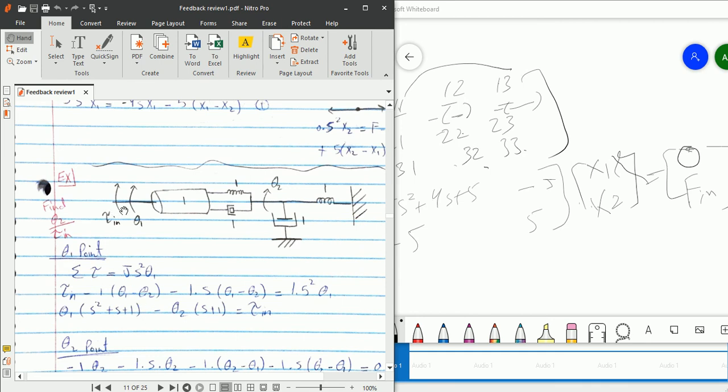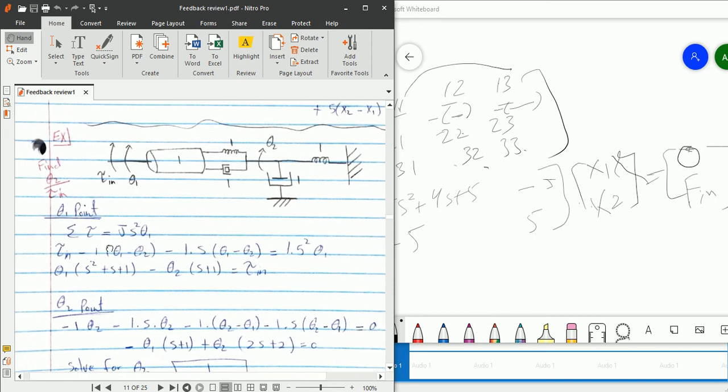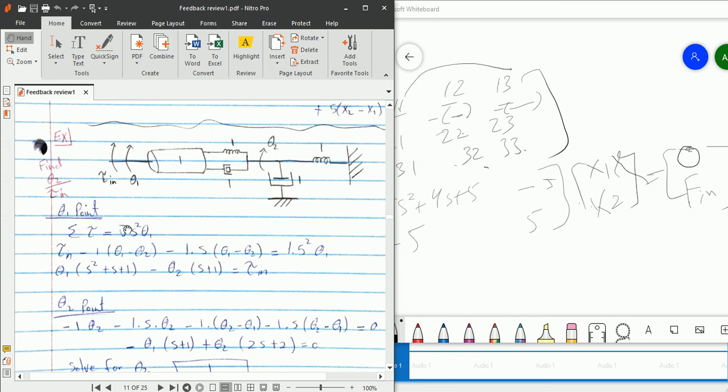For example, here you have the rotational system with torque in, theta 1, and then you have the rotational mass 1, again spring and damper. So the summation of all the torques is equal to J s square theta. Here what is J? It is the rotational mass, the same Newton law. So theta in minus 1 dot theta 1 minus theta 2.